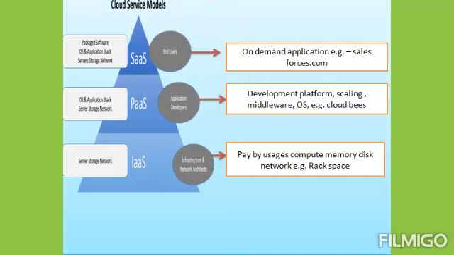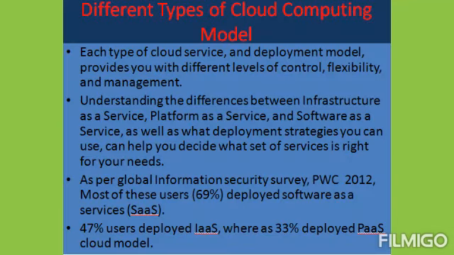First is software as a service, second is platform as a service, third is infrastructure as a service, fourth is hardware as a service, fifth is function as a service, sixth is database as a service, seventh is communication as a service, eighth is monitoring as a service, and anything as a service in the cloud computing model.